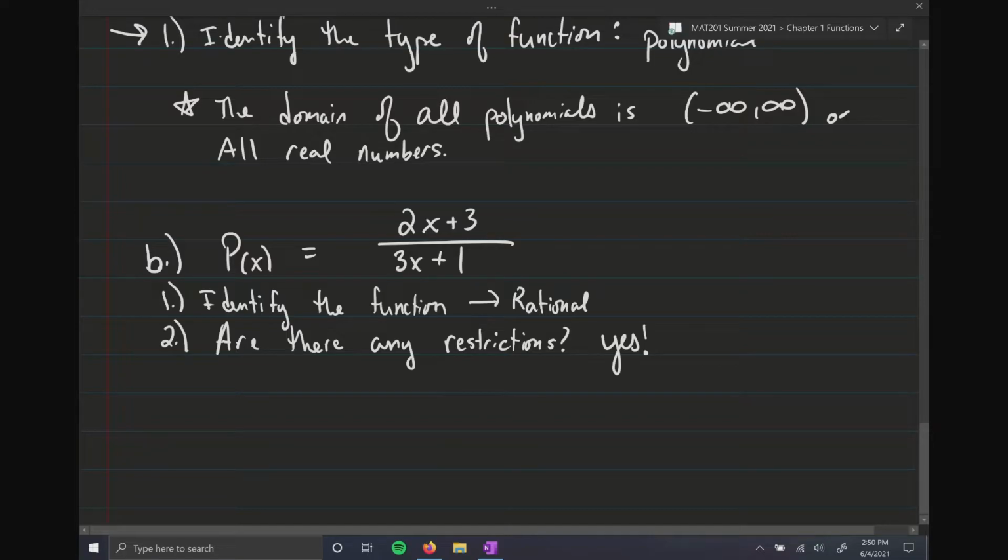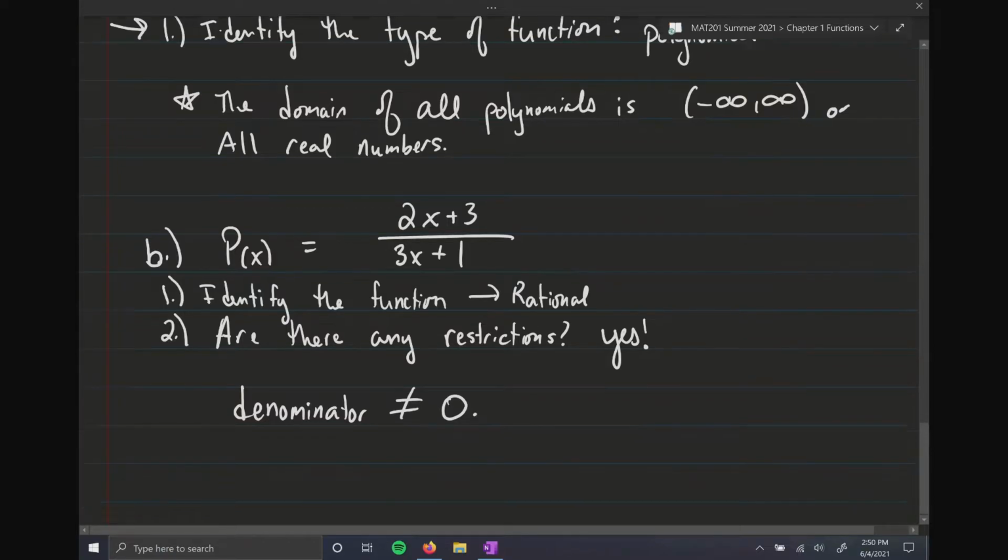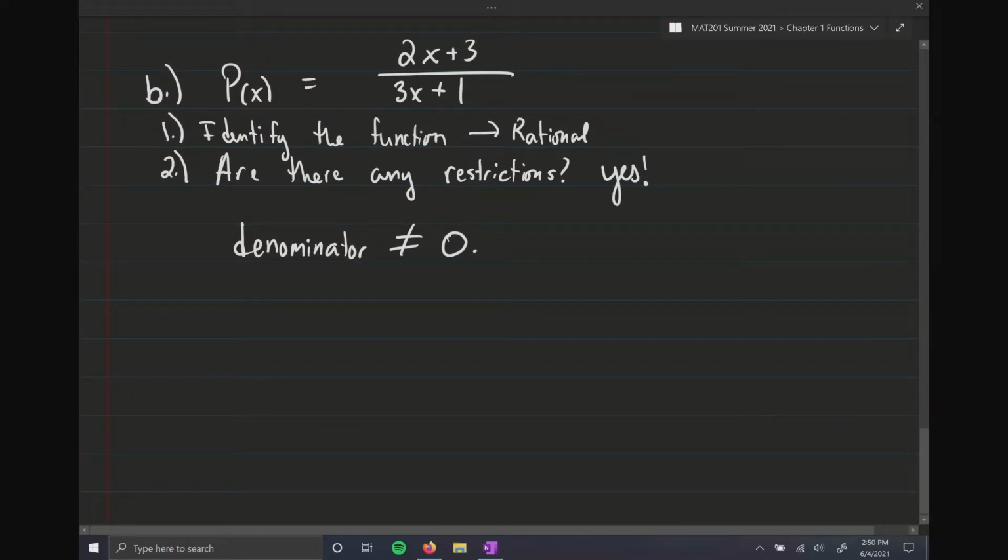The restrictions for fractions are our denominator cannot equal 0. All right? So step 3 then is going to be find the restrictions.